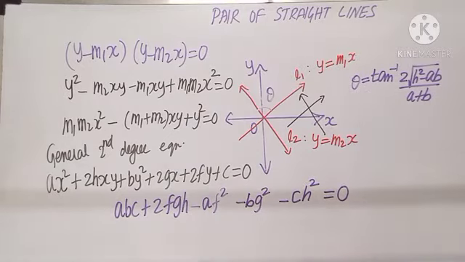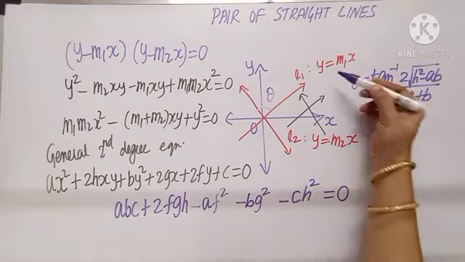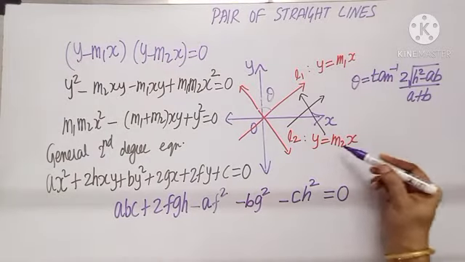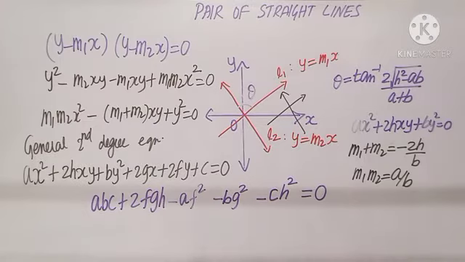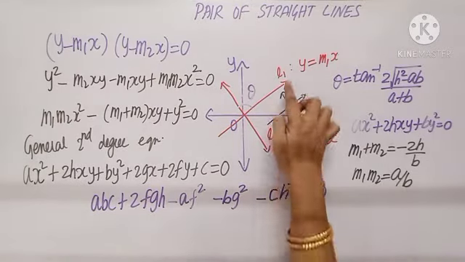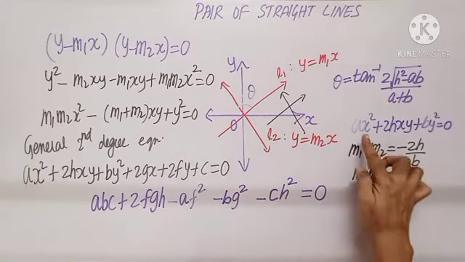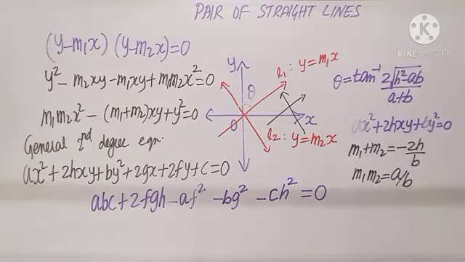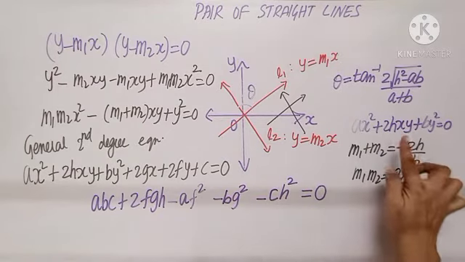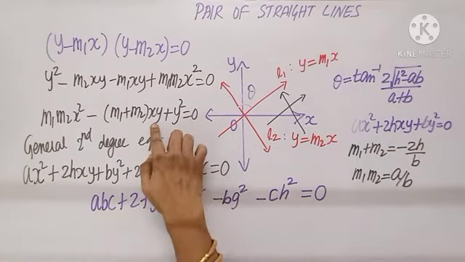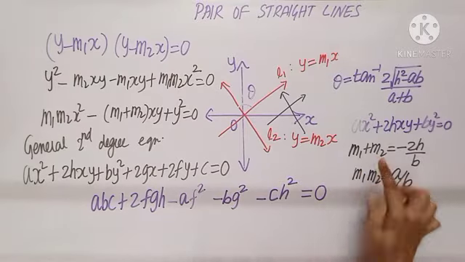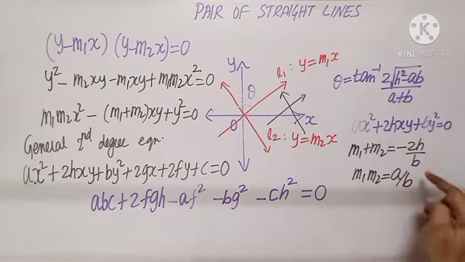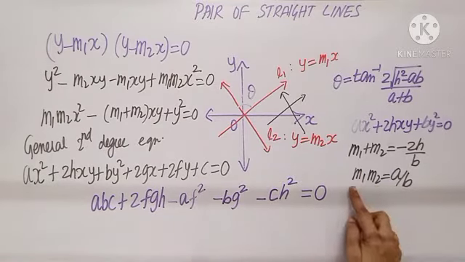Now the next idea. Already we had y equal to m1x and y equal to m2x. If I consider the pair of straight lines through the origin as ax square plus 2hxy plus by square equals to 0, then comparing this and this, we get m1 plus m2 is minus 2h by b and m1 m2 is a by b.